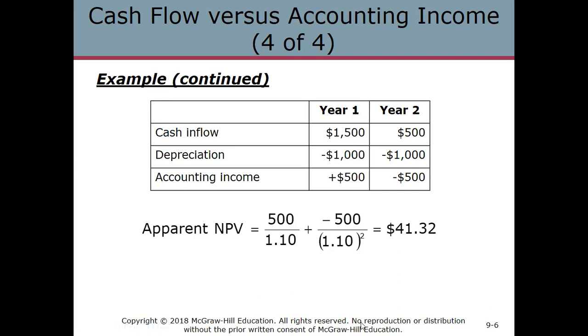But what we can see here is the opposite of that flow. So the cash inflow, instead of adding back depreciation, because we're going back and forth, we have to deduct to get the accounting income. So we have positive 500 and negative 500 in dollars respectively, and we can compute our respective cash flows.